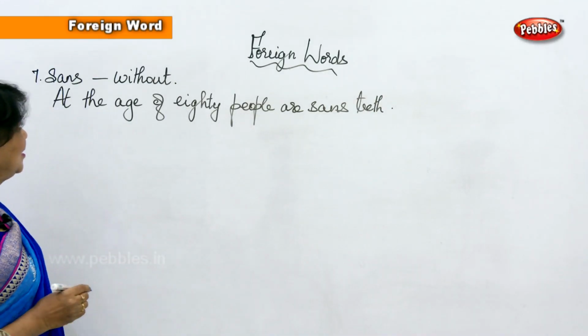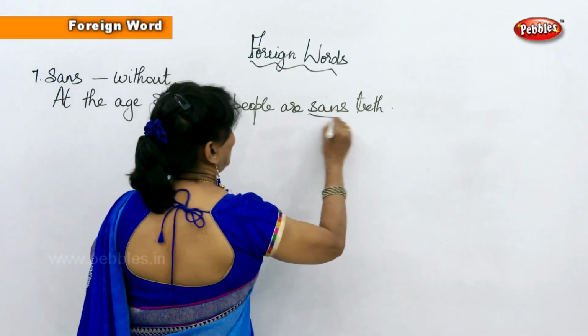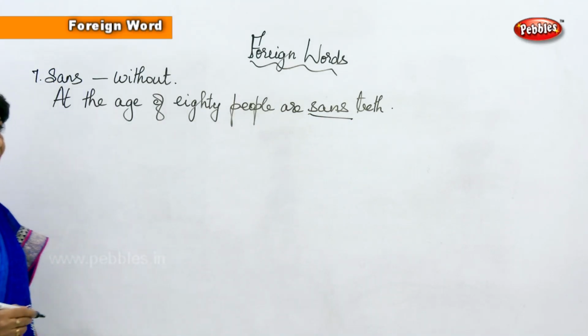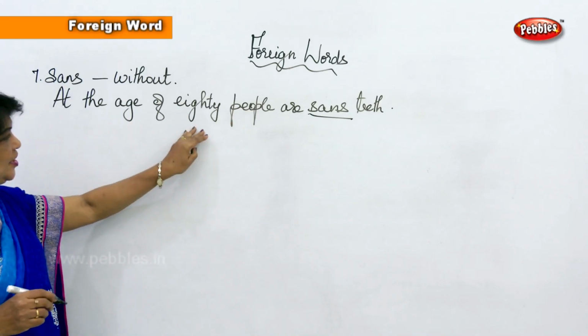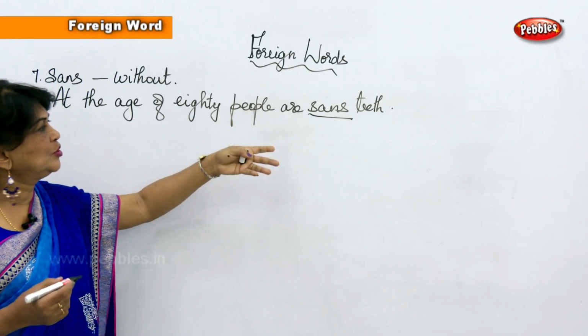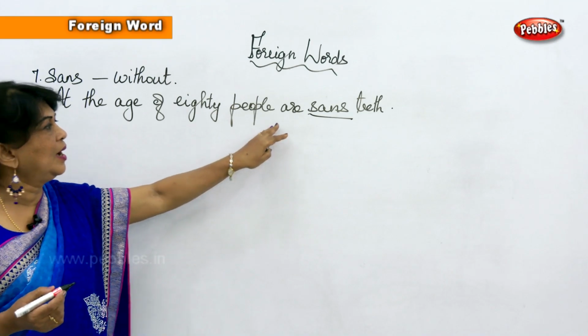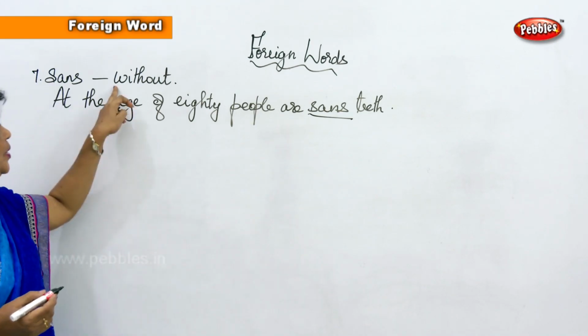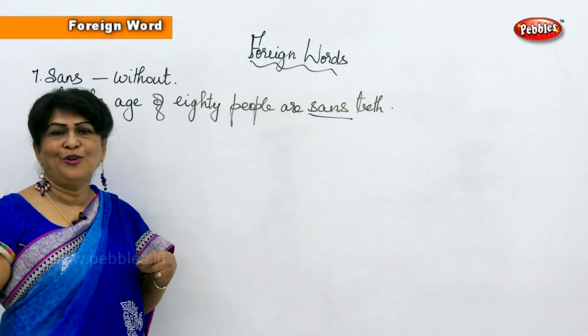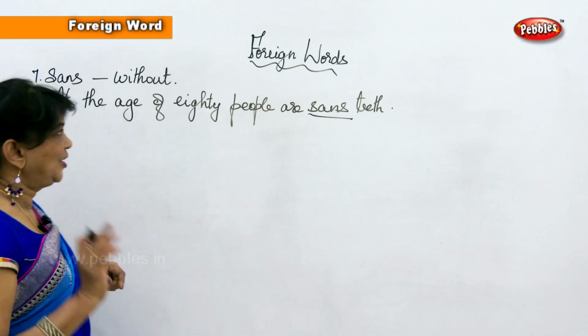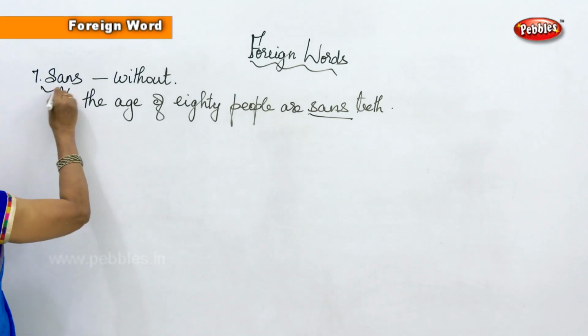Do you understand now what I meant with sans? S-A-N-S, the S is silent, and at the age of 80, people become sans teeth. That is, without, people are without teeth. All their teeth will fall away. Okay? Do you understand now the meaning of sans?